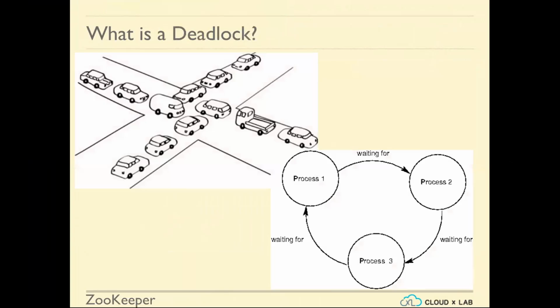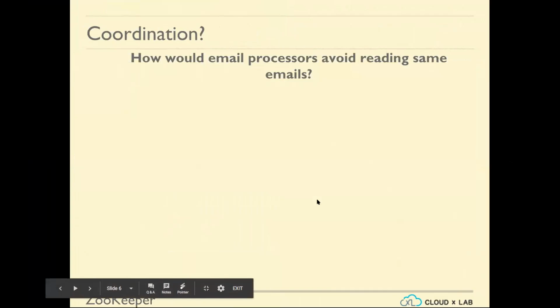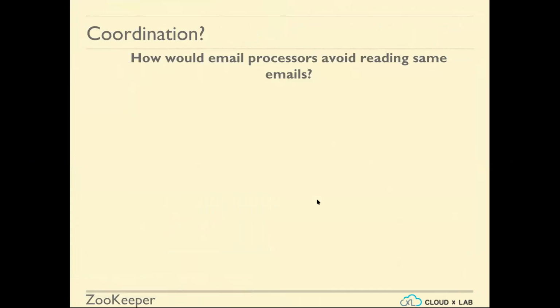A deadlock means the system could wait forever and become completely non-responsive. This deadlock is also very common in high traffic areas. You can see that the first car is waiting for the second, the second is waiting for the next one, and so on, and this is a deadlock. So here is the diagram that shows it. Now, we talked about two things, deadlock and race condition. I hope you are all clear now.